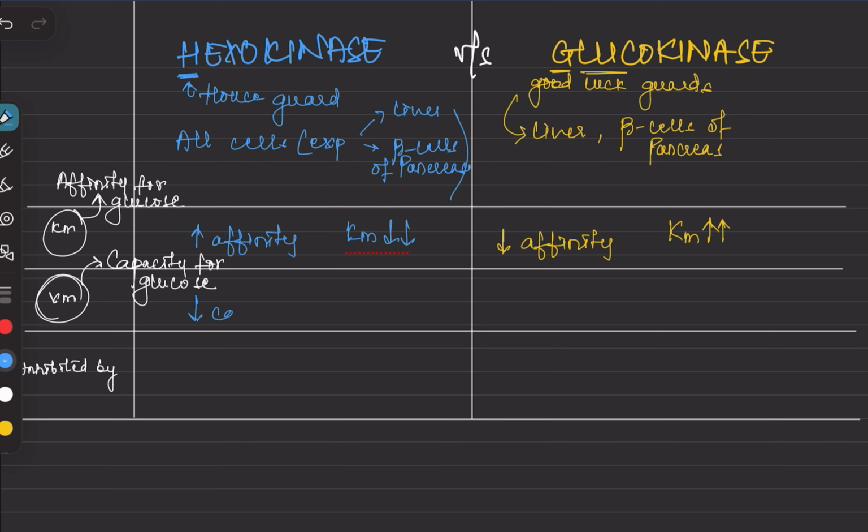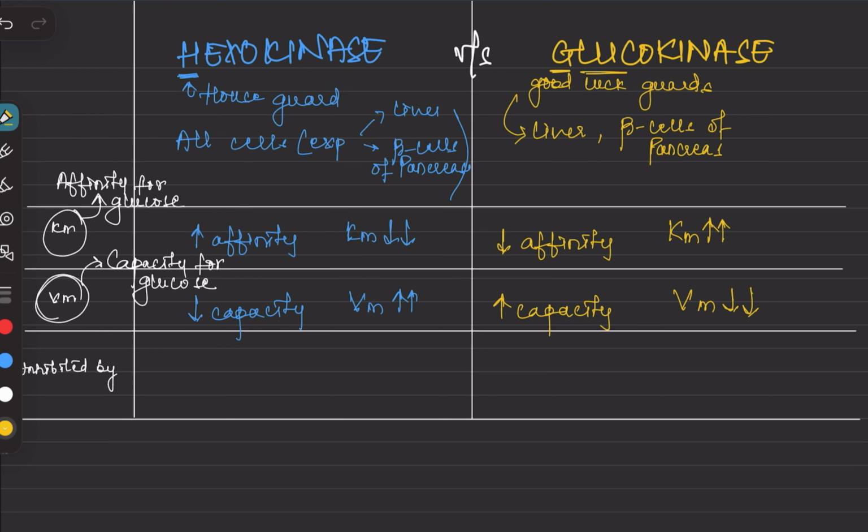Low capacity, high capacity. Just like affinity was inversely proportional to Km, similarly capacity is inversely proportional to Vm. So if the capacity is low for hexokinase, that means Vm will be high. And if the capacity is high for glucokinase, that means Vm will be low.